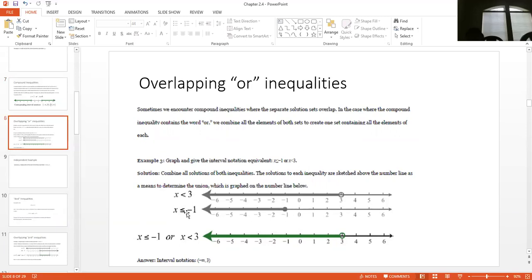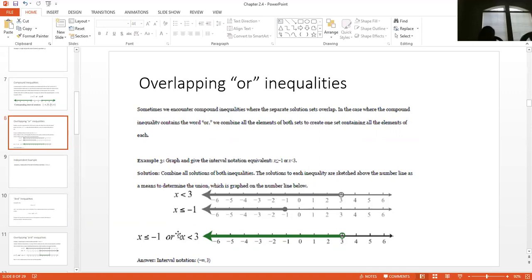So closed circle, less than or equal to, all the digits to the left. So there's an overlapping here. Some of the digits that are in the solution set for x is less than -1 are also in the solution set for x is less than 3. So this area is the same.